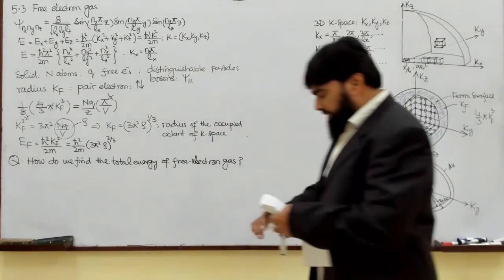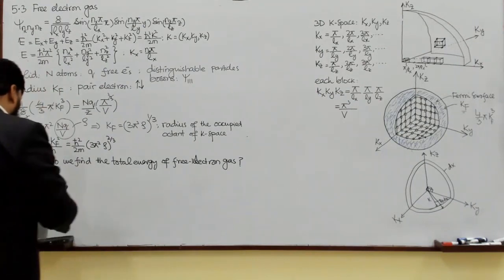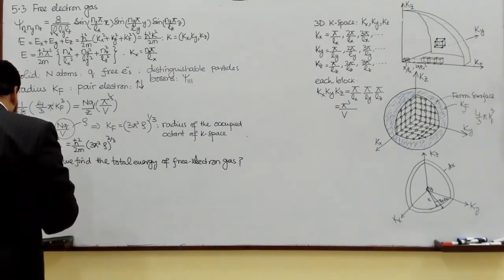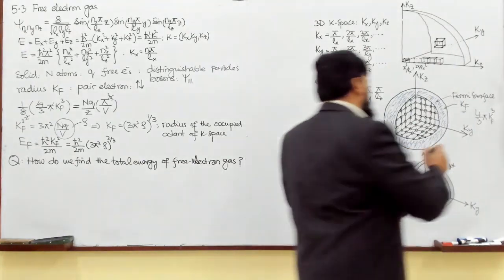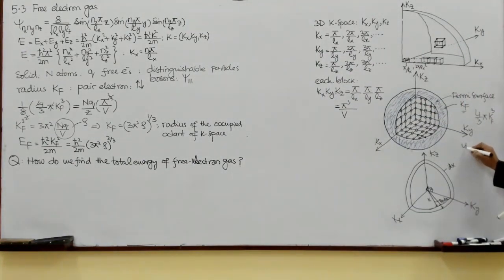So I can write the volume, which is 4 by 3 pi, and now I am not writing kF but just k. I want to introduce k in dk as well, so I integrate.